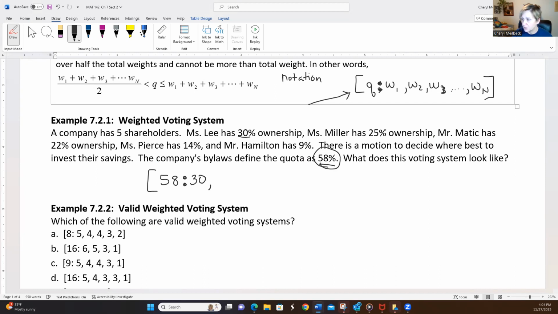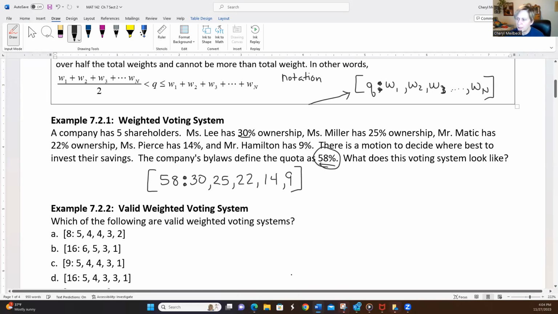And then the next highest player would be 25. And Mr. Maddock is 22, then 14, and then 9. So if we added these up, they should add to be 100% because this is on a percent system.